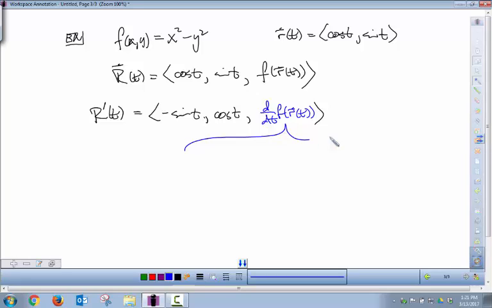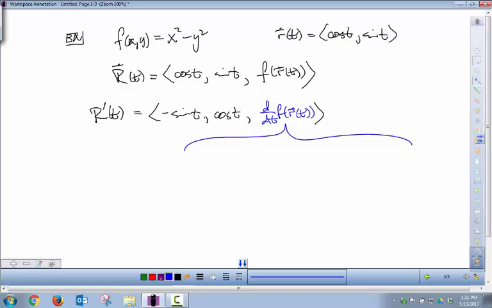Like I said, we could probably have just put in the cosine t and sine t for x and y and then find an easy derivative. But if this was a lot more complicated, then you may want to do it this way using the chain rule. So this is a chain rule.